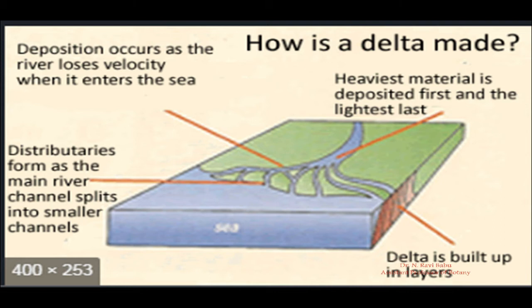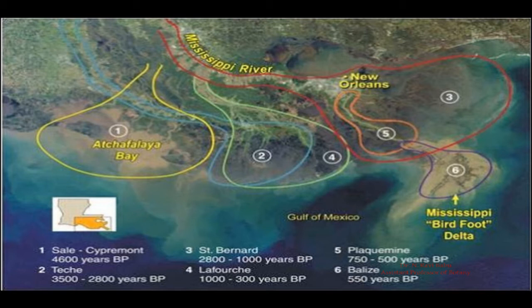Friends, I just gave an example of the Mississippi in the earlier discussion. Here, the Mississippi has a bird's foot delta, I mean a delta which looks like a bird's foot, right?